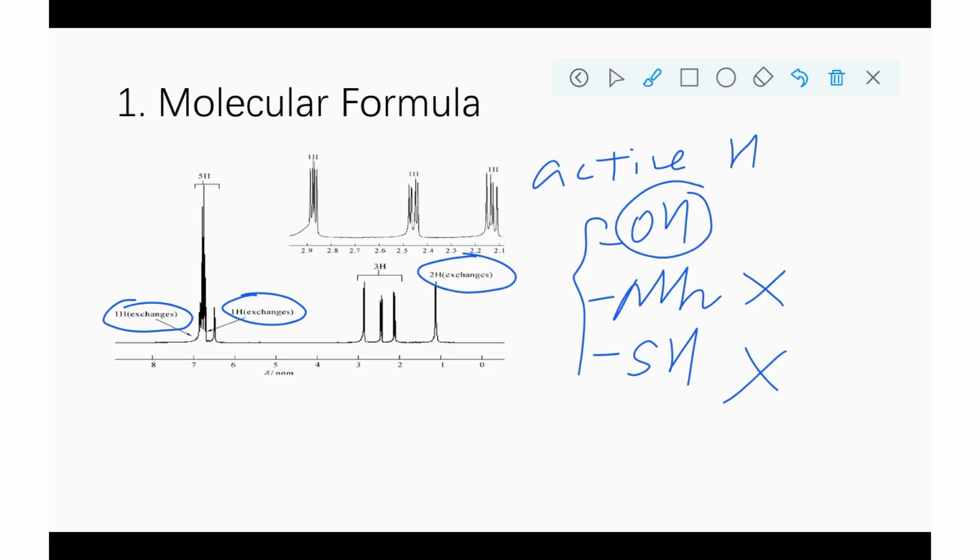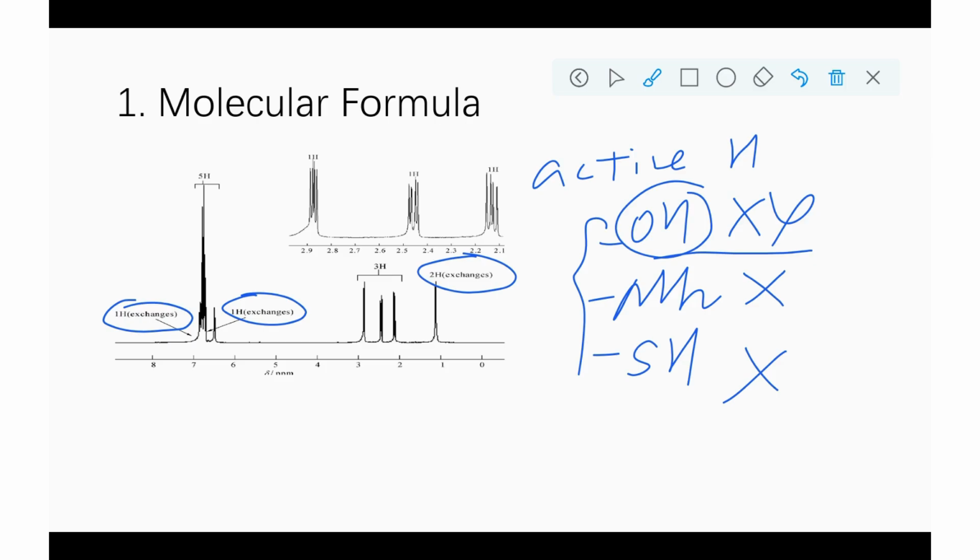And that means we're going to have 4 hydroxyl groups because there are 4 active hydrogens, but that is not going to happen. If we have 4 hydroxyl groups, that means we'll have 4 oxygen atoms, and the molecular mass is going to be more than 164.